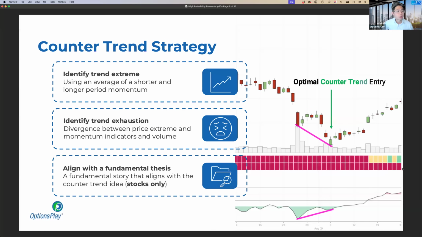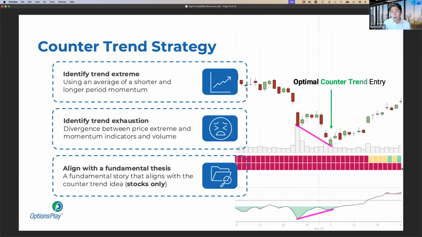Perfect. Okay, so let's take a look at our counter trend strategy, because it's actually not too difficult. It's actually pretty straightforward, and we do most of the work for you. So there are lots of counter trend strategies, right? If you think about basic technical analysis, like an RSI indicator, or any momentum indicator, RSI, stochastics, Williams percent R, MACD, anything that has an oscillator that oscillates around a zero line, is effectively a trend reversal strategy or mean reversion strategy, right?